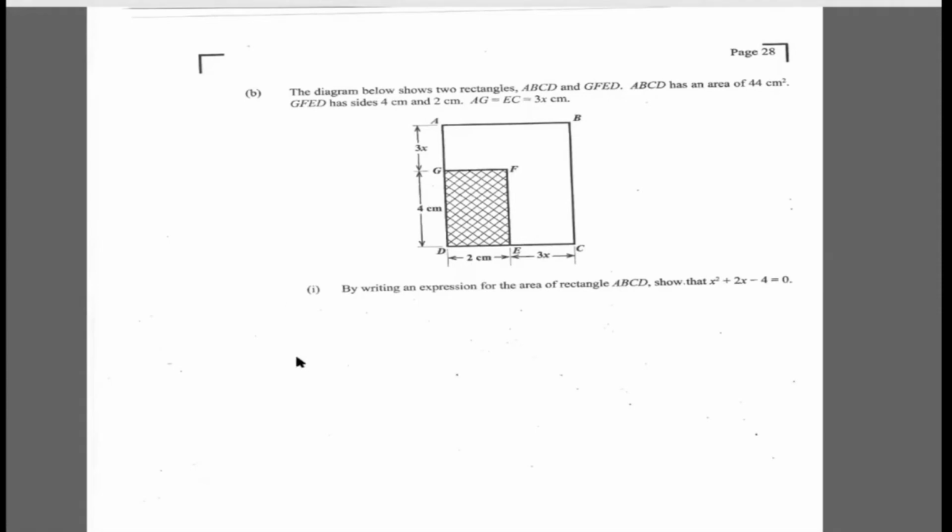The area of the rectangle ABCD is equal to length times width. The length is AD times the width, which is DC.